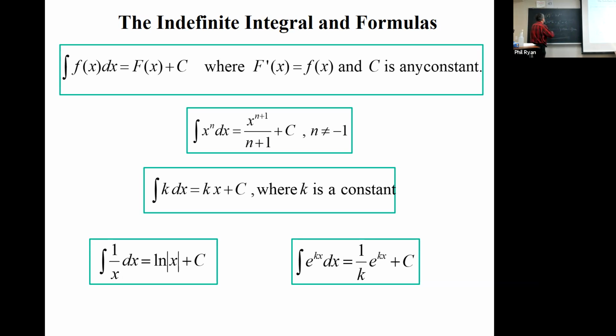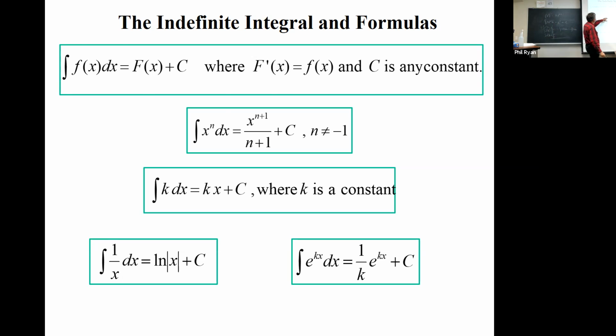And if this was n here, what do we see that the antiderivative does? We see that it adds 1 to the power and you divide by that power. So the integral of x squared dx is x cubed on 3, x cubed dx is x to the 4th on 4, x to the 4th is x to the 5th on 5.